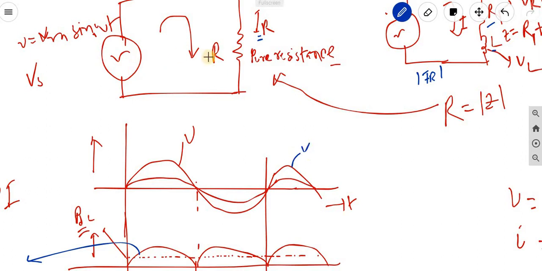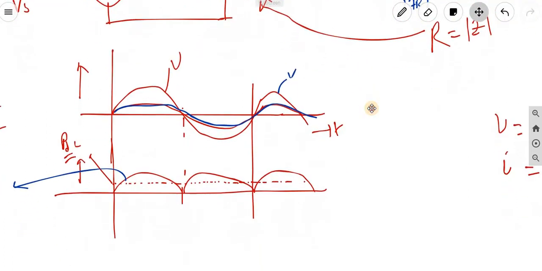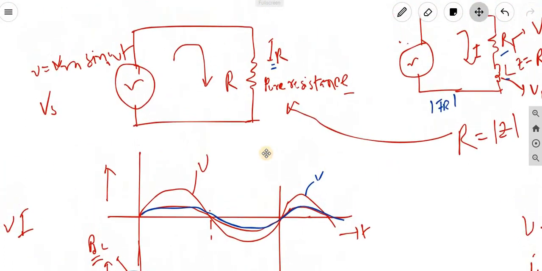Suppose this is V, and IR is in the same phase as Vs. We take this one as IR, with the maximum magnitude somewhat lesser. Now what would be the power?